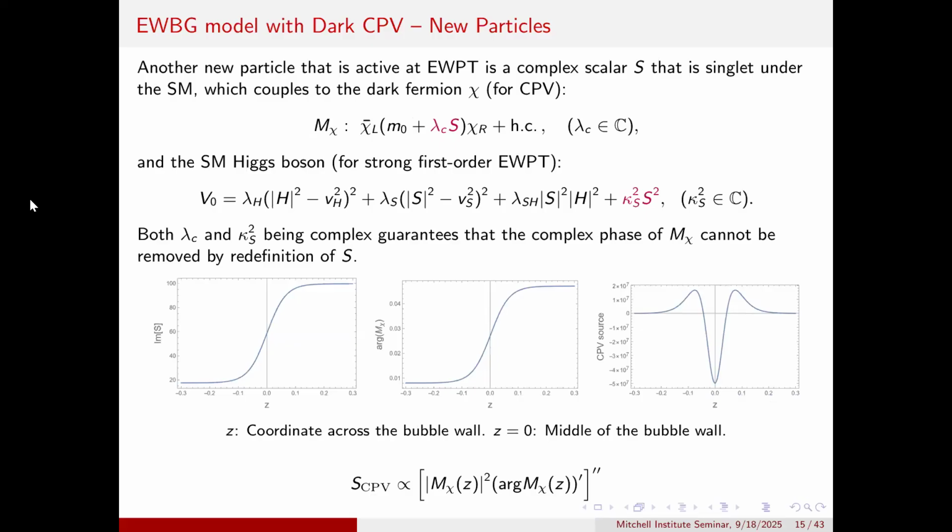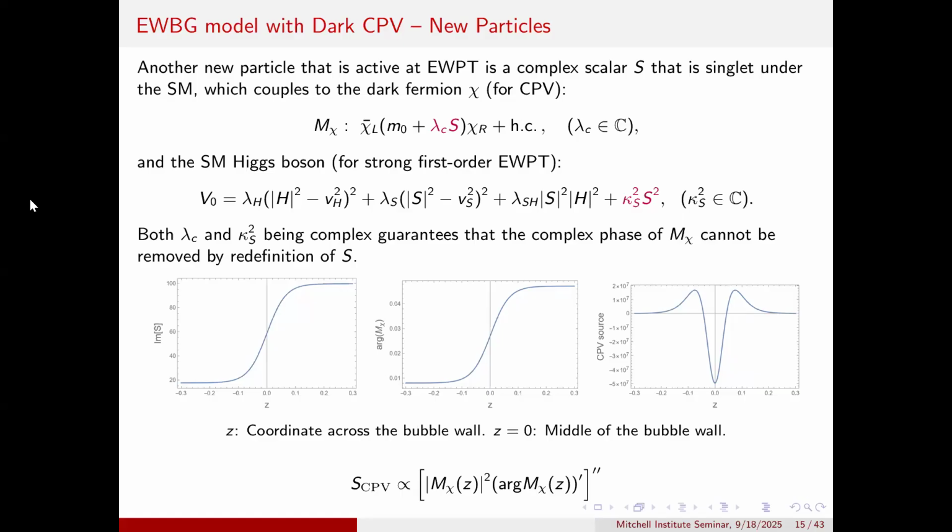So now, how do we break CP symmetry? We have to introduce another new particle, a complex scalar that is a singlet under the standard model. It's not only for CP violation, which it does by coupling to the dark fermion chi by a complex Yukawa coupling.